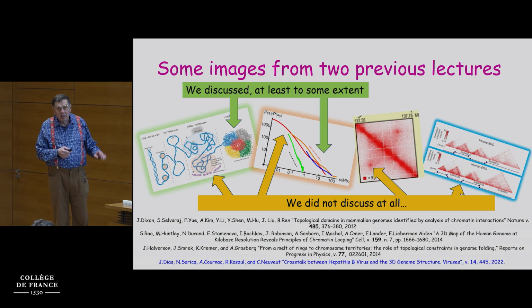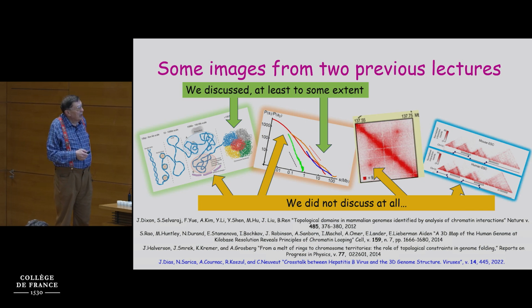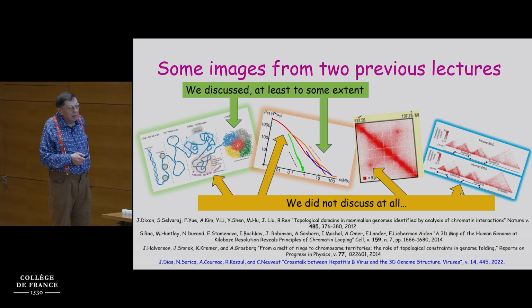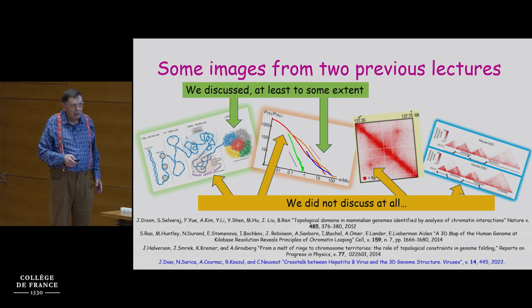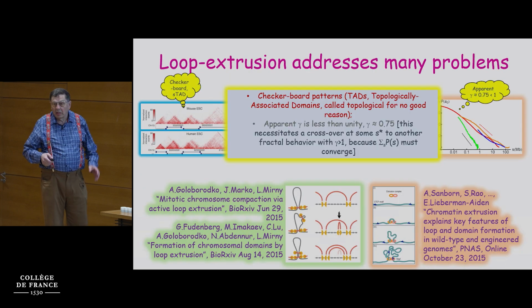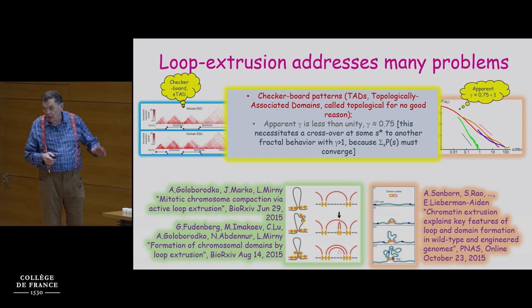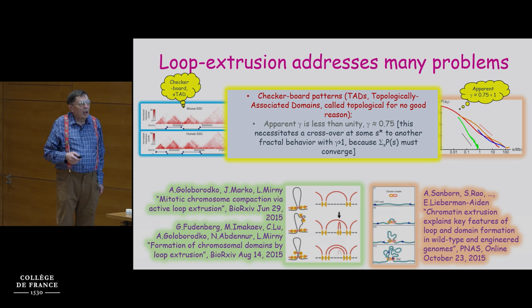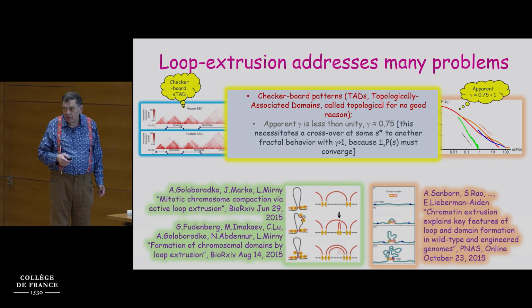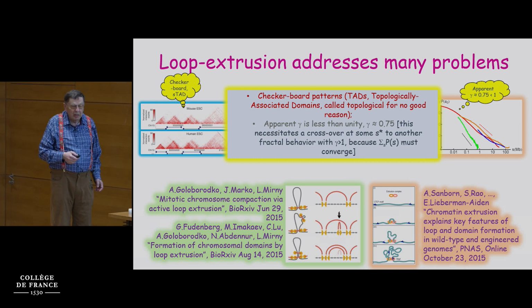So I will only briefly mention that many of these things, such as this slow decay of probability distribution at relatively short distances, and specifically these points at studs and corners, all of that is nicely explained by the most beautiful idea of loop extrusion that, again, many people here know more about than I do, and so therefore I am not in a position to tell you anything new about it.